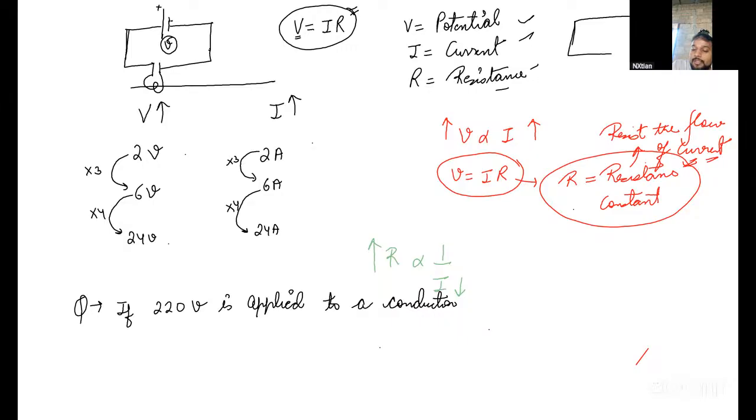In an electric cell we have a positive terminal and a negative terminal. Why? When the chemical reaction happens, free electrons accumulate at the negative terminal. Electrons are negatively charged, and because electrons accumulate there, it is called the negative terminal.